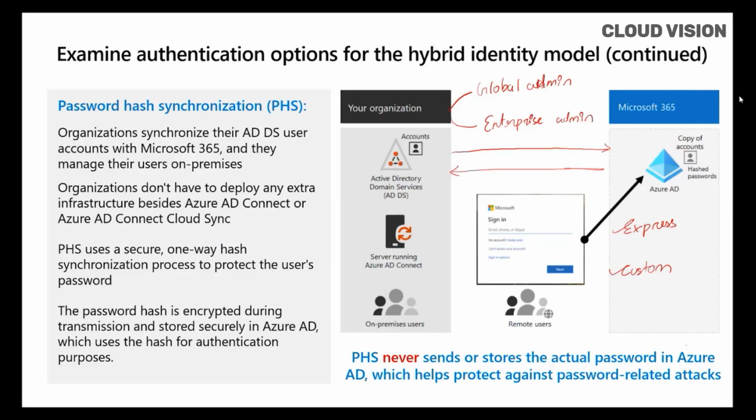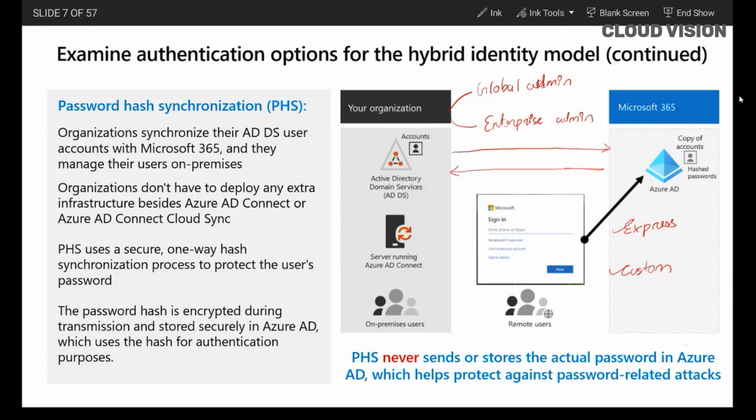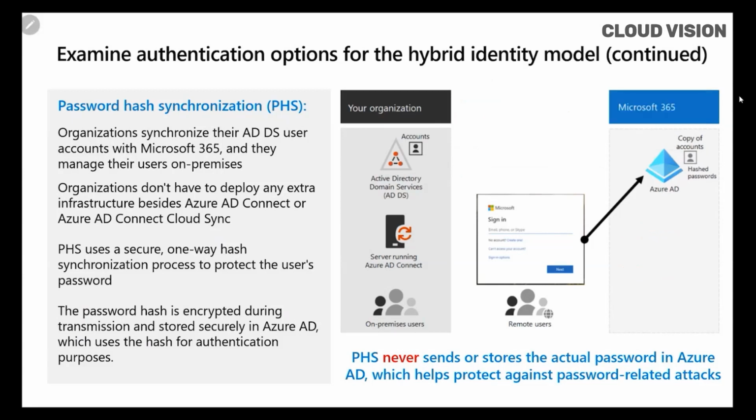Now, in this case, what will happen is all of your identities, let's say we have an identity in the on-premise called alex@contoso.com. And then Alex has a password as well, maybe something like password@123.